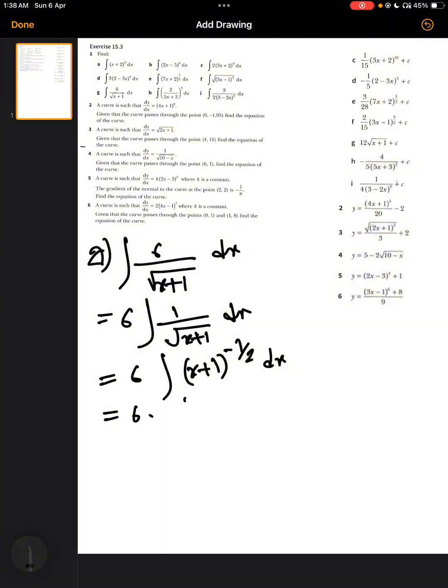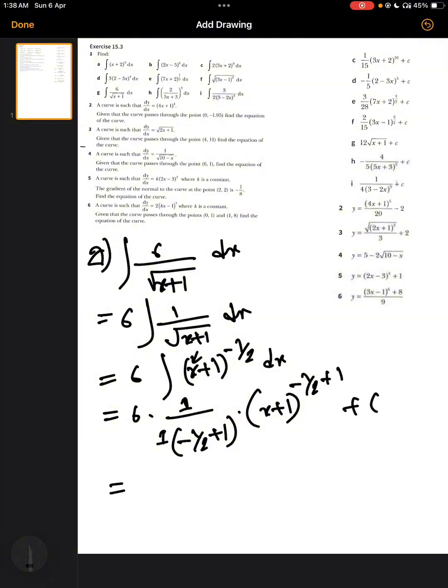Okay, 6. Here a is 1 because the coefficient of x is 1, right? So a is 1, n is negative half. Okay, there is no problem. Plus 1, here is x plus 1 to the power negative half plus 1 plus c, right? So 6 over negative half plus 1, which is technically a half here.